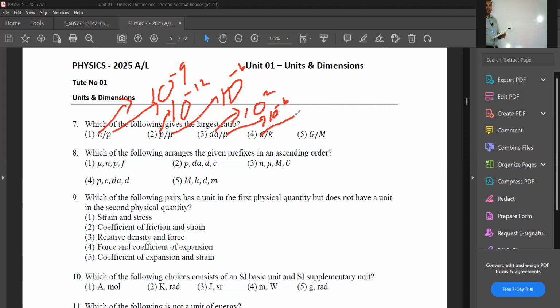Deci means 10 to the power minus 2. Kilo, 10 to the power 3. Giga, 10 to the power 6. Mega, 10 to the power 9.